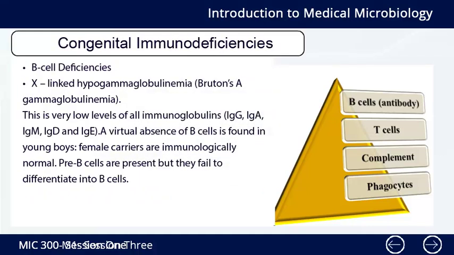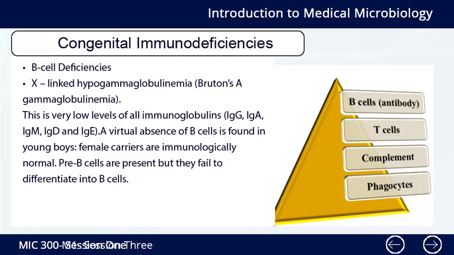Congenital immunodeficiencies. B-cell deficiencies, and X-linked hypogammaglobulinemia, that is, Bruton's agammaglobulinemia.